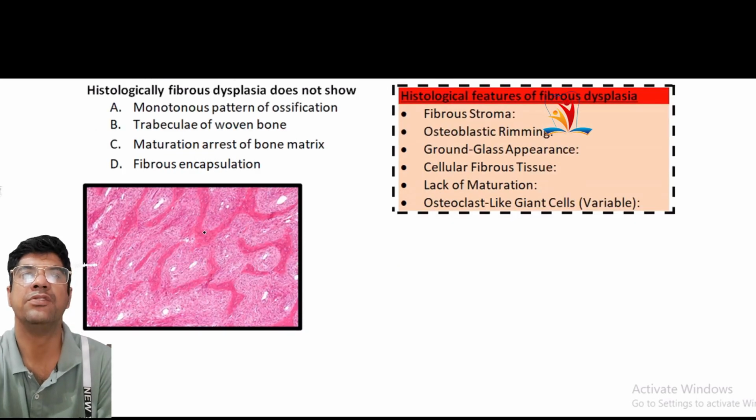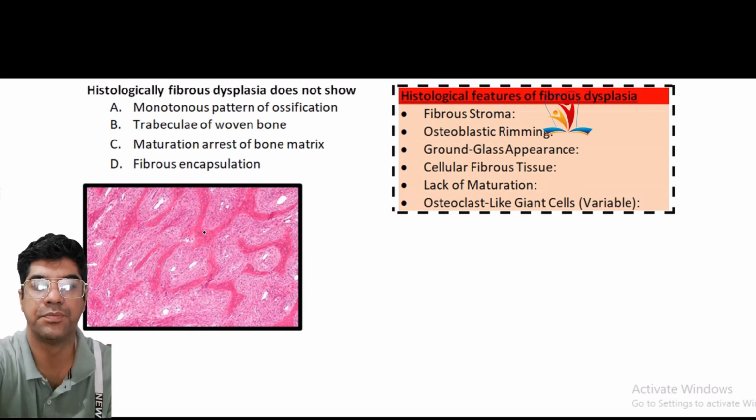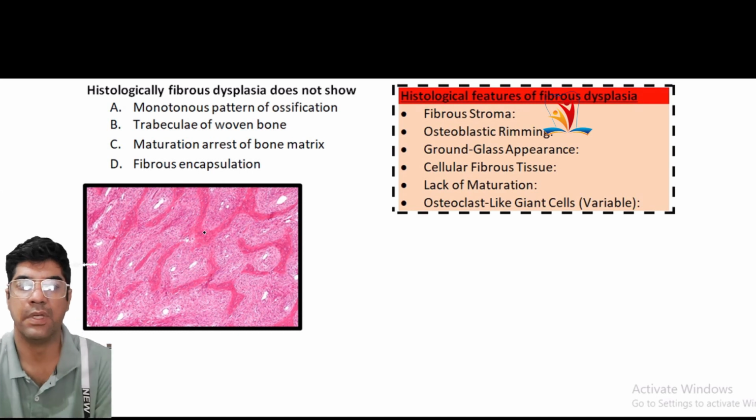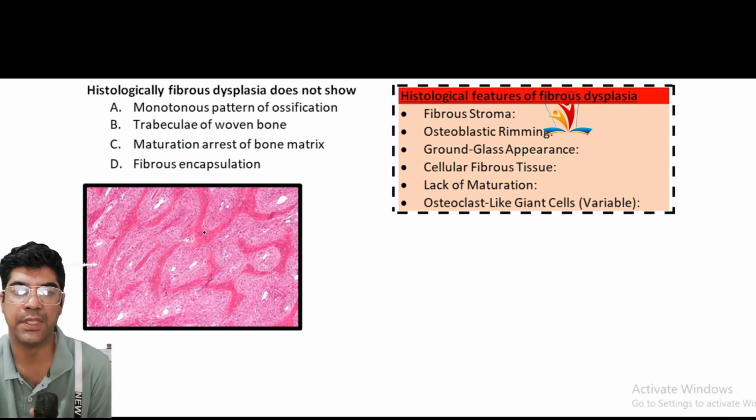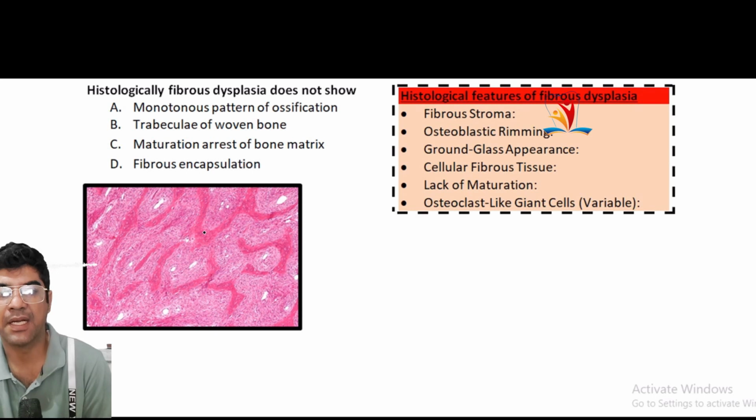Next question, histologically, fibrous dysplasia does not show what? It doesn't show fibrous encapsulation. Instead, it is characterized by replacement of normal bone with fibrous tissue and woven bone with a fibrous stroma.